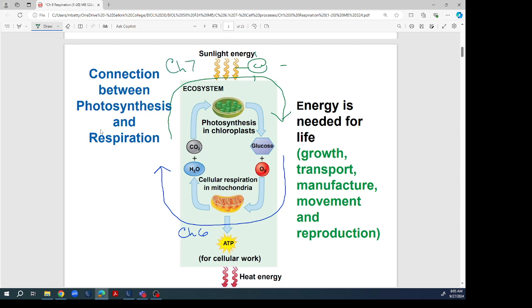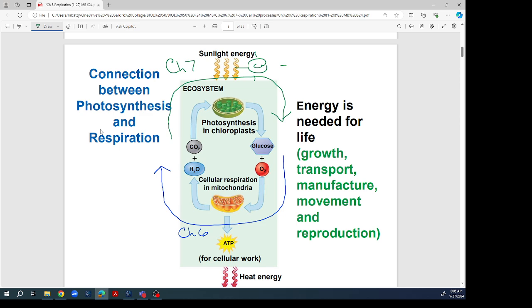So this image sees it as kind of a cycle where we have consumers and producers, if you remember that from the first chapter or so. We also have endergonic and exergonic relationships here. And so basically, this is how things work. It's why we do chapter 6 and 7 together in this course.